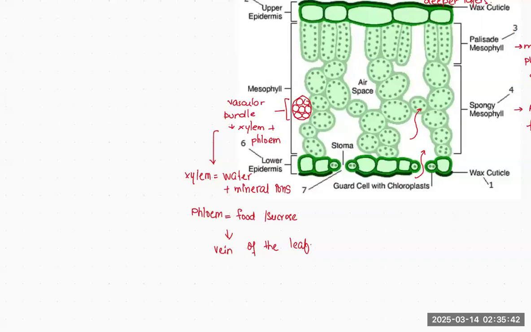I will teach you more about vascular bundle when we do the topic of transport, which is next after this one. Then, after our vascular bundle, we come on to the lower epidermis. The most important feature in the lower epidermis is our stomata, right? Stomata is controlled by the guard cells. So let's study that in a bit more detail because that's a very important topic.